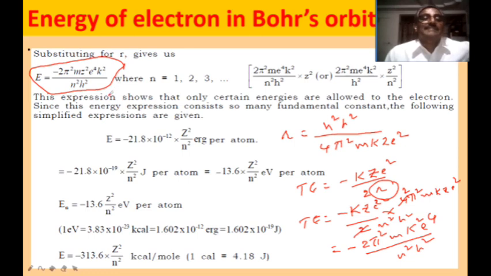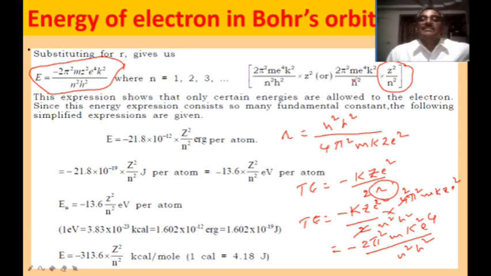So we can write this as 2 pi square m e to the power of 4 into k square by h square, into Z square by n square. Except these, all the other values are constants. If the values of these constants are substituted, we get E is equal to minus 21.8 into 10 to the power of minus 12 into Z square by n square.